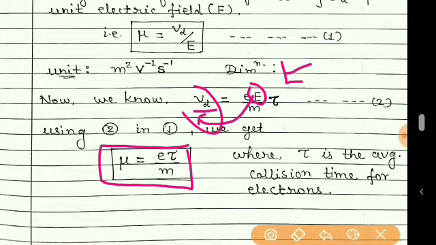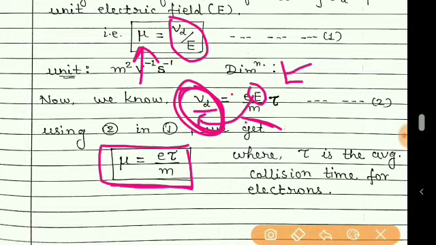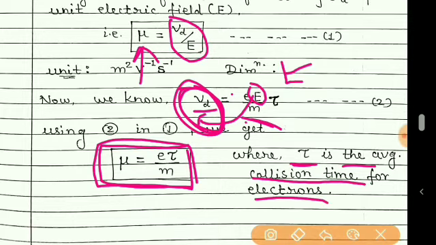So what will be here? Vd upon E, which is this only. So Vd upon E is nothing but it is mobility, and what is remained here? e upon m into tau, and so is this. Here this tau is the average collision time for electrons.